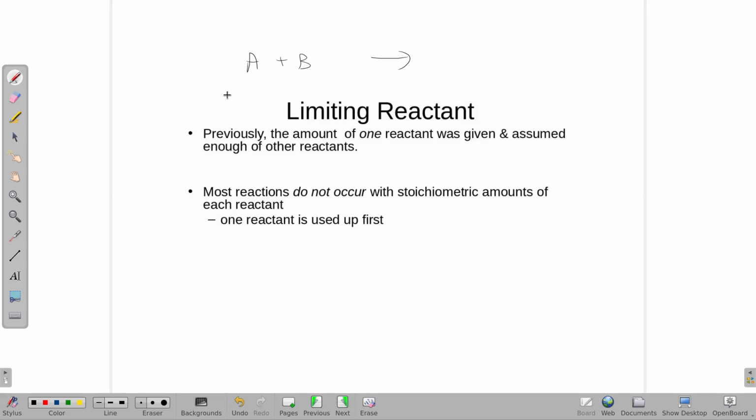It's the one that's going to run out first. We've done the calculations before, assuming the other reactant wasn't a factor. But what if I give you the amounts of both A and B? How do we know what's going on? How do you know what's going to make the actual product? Well, we have to look at those stoichiometric ratios, and technically we have to do the calculation twice.